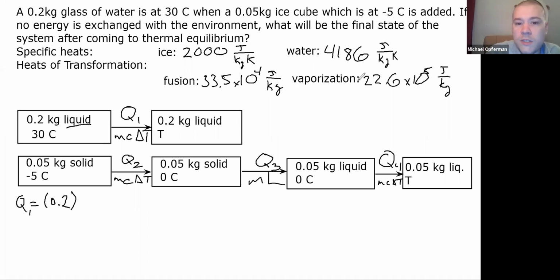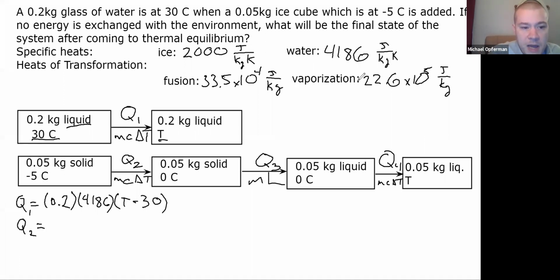So that means I want to use the C for liquid water. So that's 4186. And then delta T, I can see here in my chart, the final temperature is T. The initial temperature is 30. So I'll just write T minus 30. And note, by the way, the T I'm going to get is going to be in units of Celsius at the end of the day. Okay. So this has a variable in it, so you can do a little bit of math there if you like, but there's only so far we can simplify that at this moment.